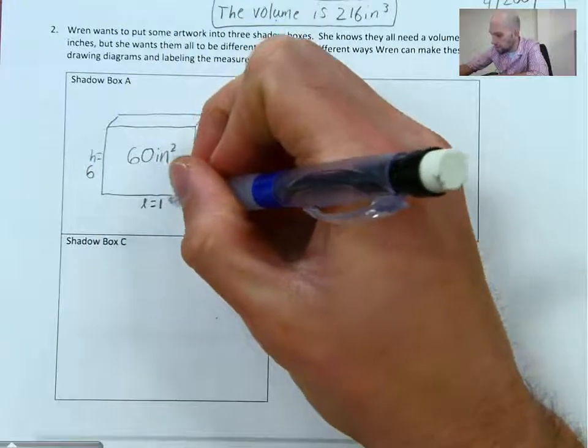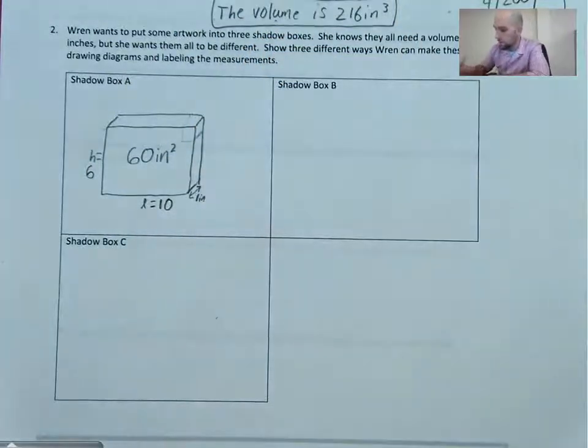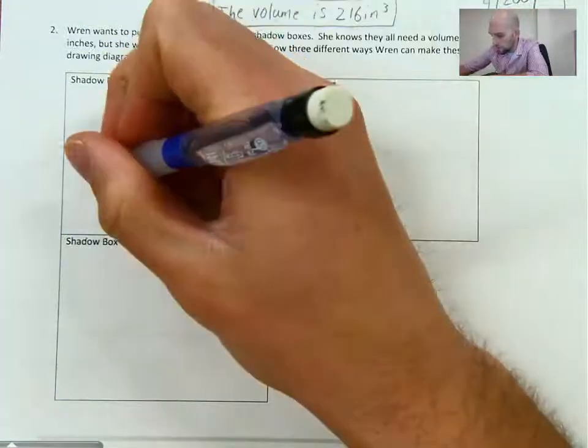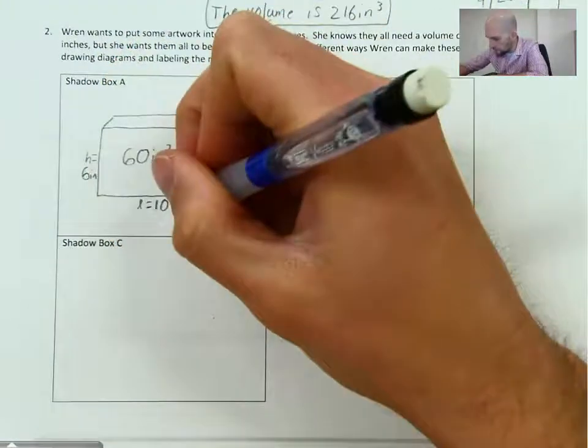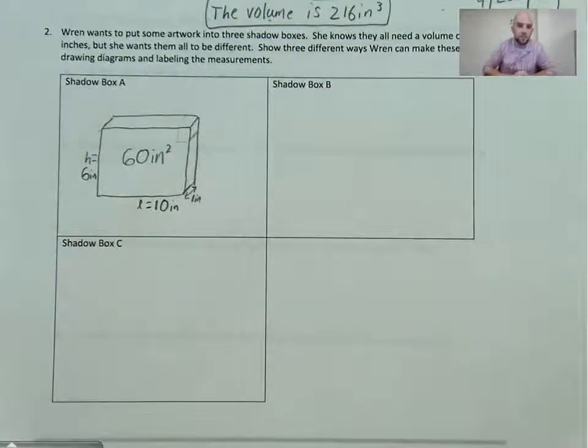That's a nice easy one. That'll give me 60. So I have 6 inches, and I have 10 inches, and I have 1 inch. 6 times 10 times 1 equals 60.